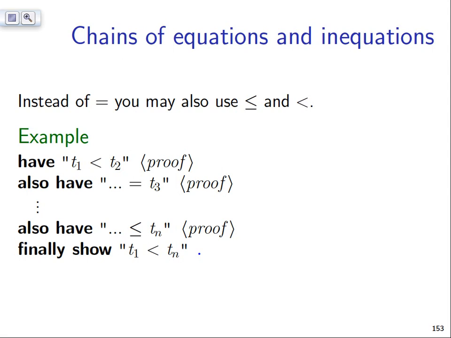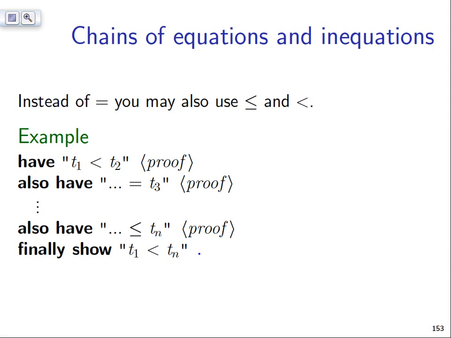And then of course your finally show must be a less than sign, because in this sequence you had a less than sign, so as the whole sequence it must be less than. So the result that comes out of the whole proof block, and that is gathered together by finally, is really this one inequation, t1 is less than tn.